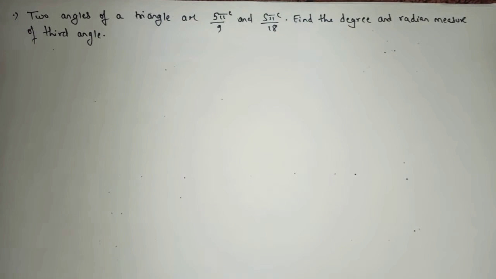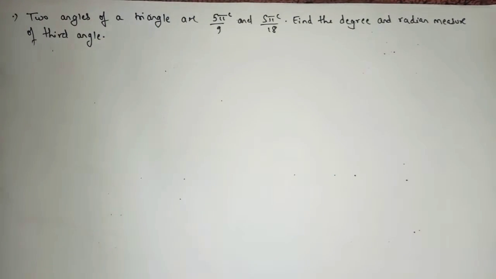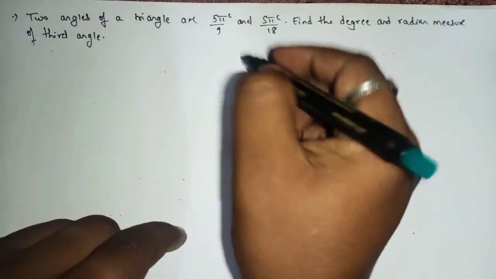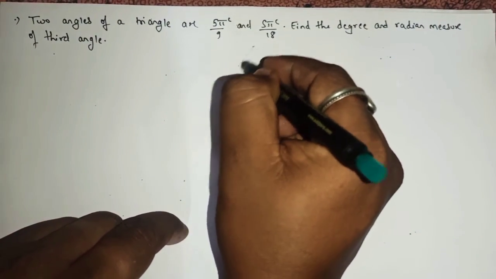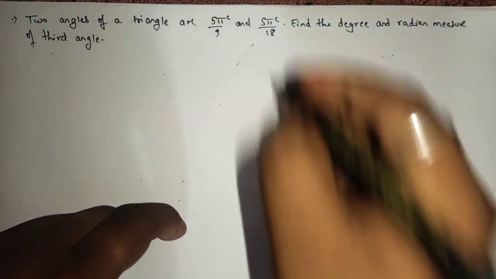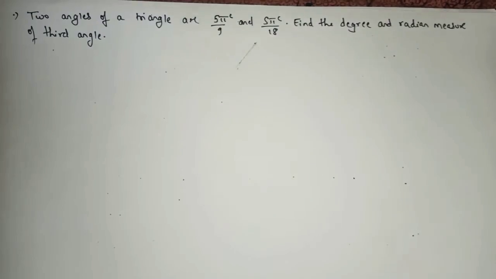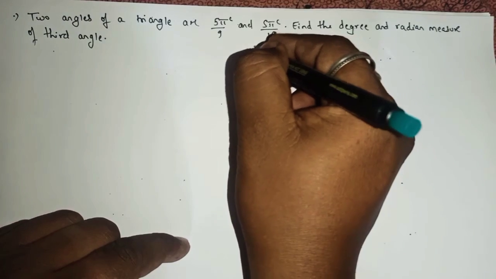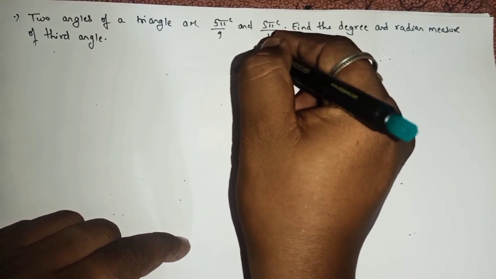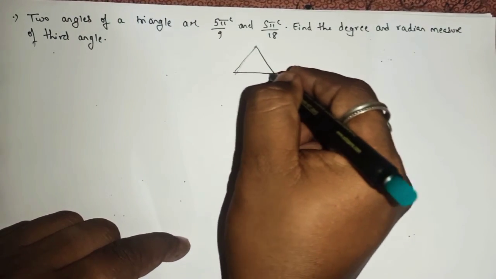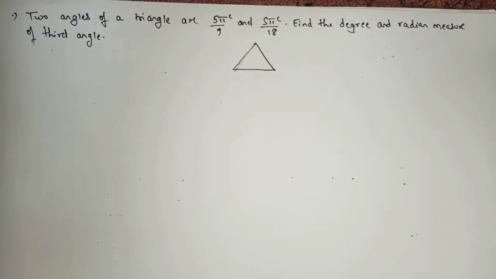Here we have the first sum, which says that two angles of a triangle are given.